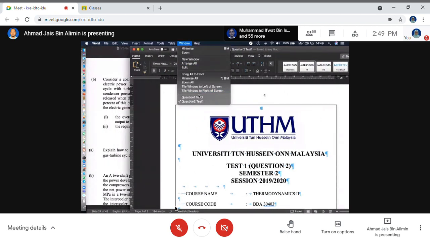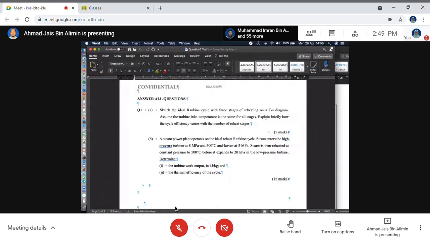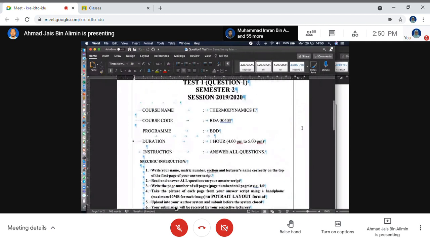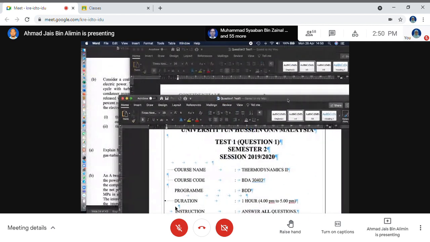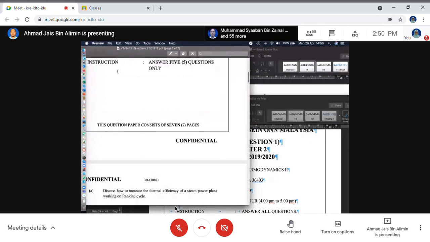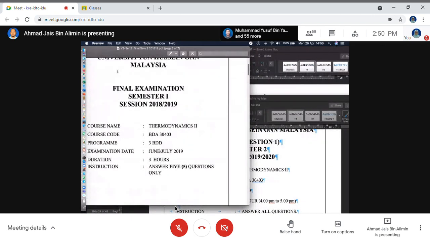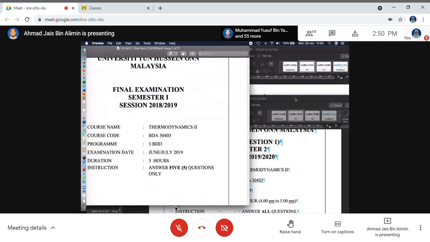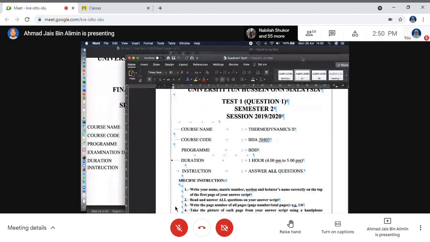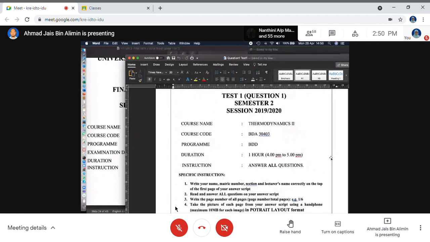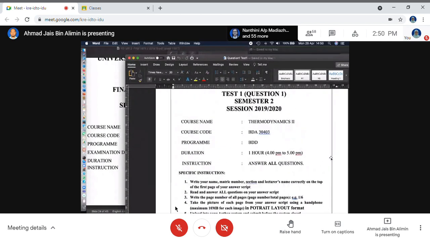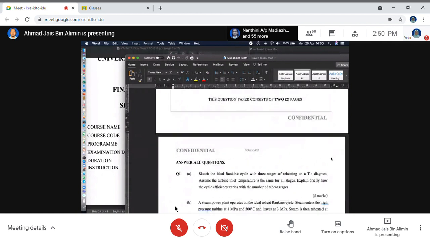Test 1 2019 semester yang sama. Okay, semester yang berbeza. Okay. Ini soalan test semester 2, 1 year ago.